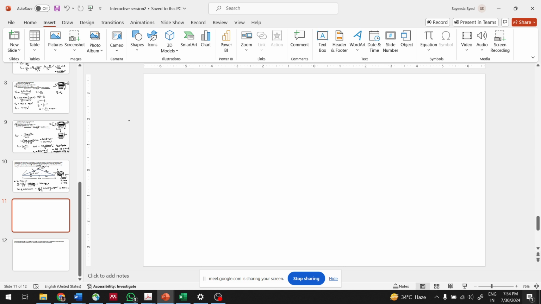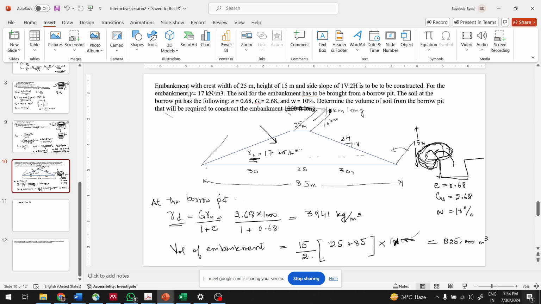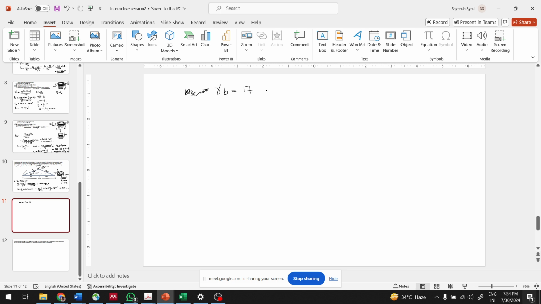And now we need to know the volume that we require from the borrow pit. So the principle that we will use is that the weight of solids required at the embankment will be equal to, the gamma bulk is 17. Was it 17? Yes, 17 kilonewton per meter cube. So this is equivalent to total weight over total volume.